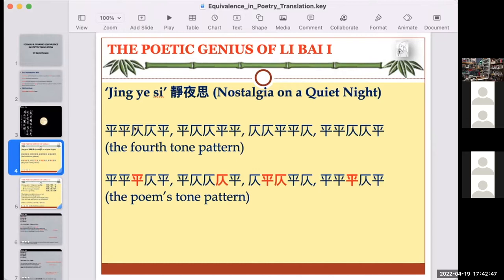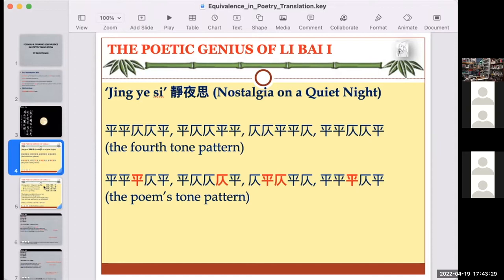Okay, and so he changed also the fourth ping into zi, and the second and the third from zi ping into ping zi, and there is no certain obligation on him to make any changes, but we can see that he just changed the tones based on the meaning and the words he wants to use and to create the certain rhythm he wants. So the final outcome is ping, ping, ping, zi, ping, ping, zi, zi, zi, ping, zi, ping, zi, ping, zi, ping, ping, ping, zi, ping.